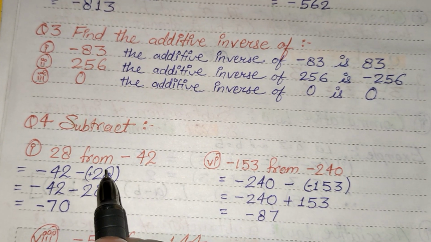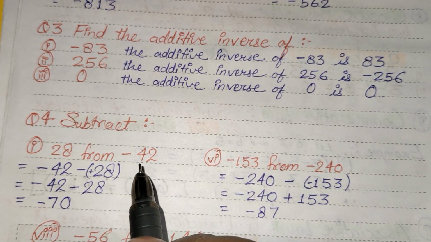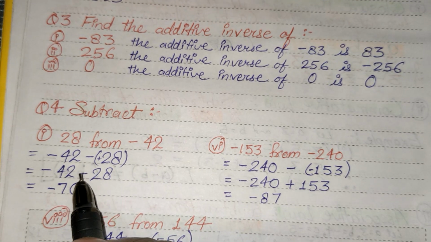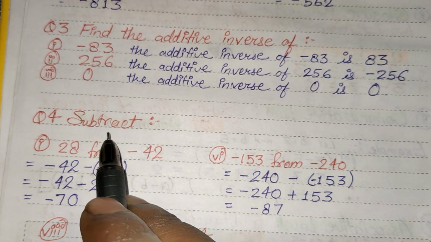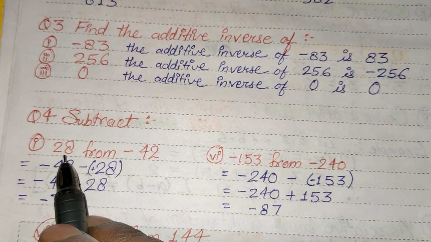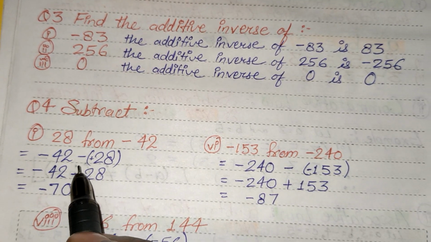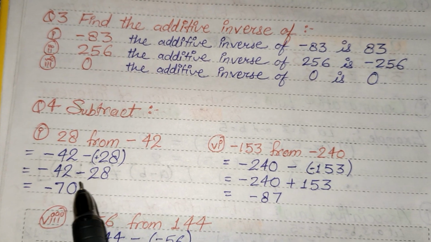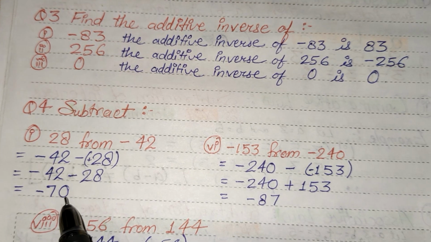Whenever you see "from", you have to write the second integer first and the first integer at the last. So minus 42 subtraction, sign of subtraction, and 28, plus 28. Now minus plus, we have to do minus. Now minus minus, we have to add them and give the common sign minus.